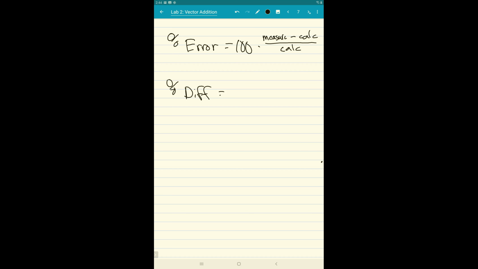That data they give you is measured. The one that you actually calculate using the stuff that we did, a resultant vector and its angle and all that, that's going to be your calculated. So your number goes on the right and on the bottom. For the rest of the lab. This next one, percent difference. And percent error can be negative, by the way. That's fine.